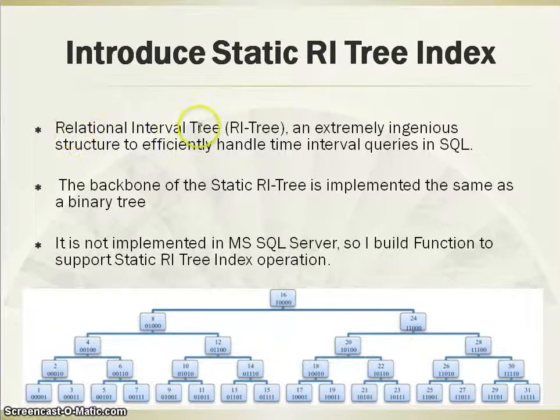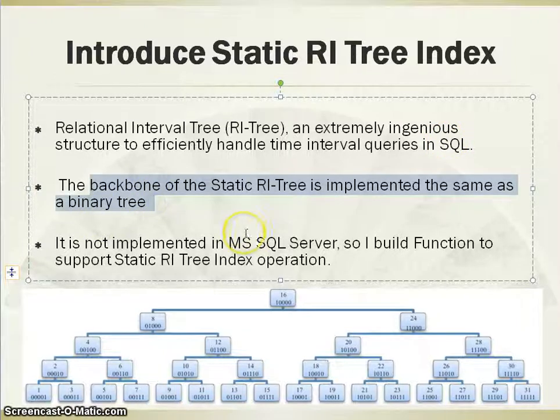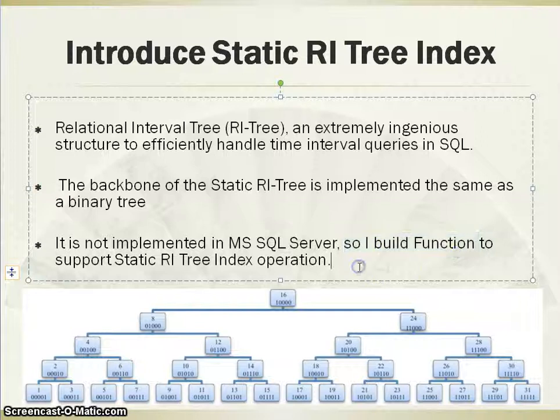Relational interval tree is a structure to efficiently handle the time interval query in SQL. And this one is some implementation about the binary trees. However, now it is not implemented in SQL Server. So I have to make some function to support the RI tree index operation.